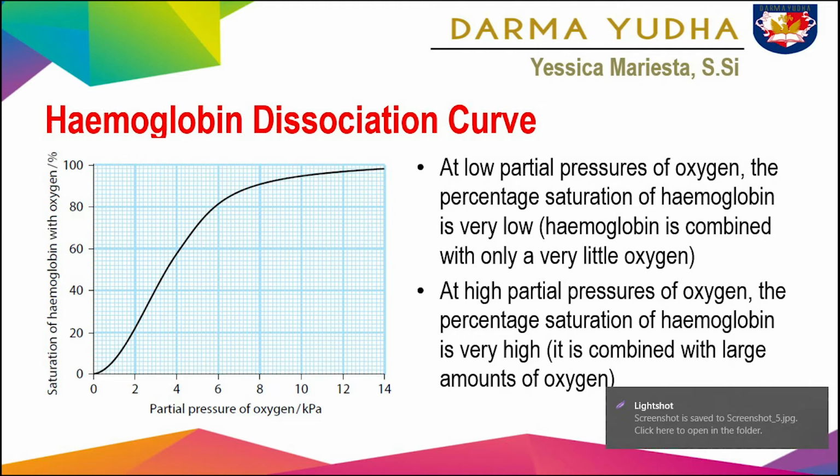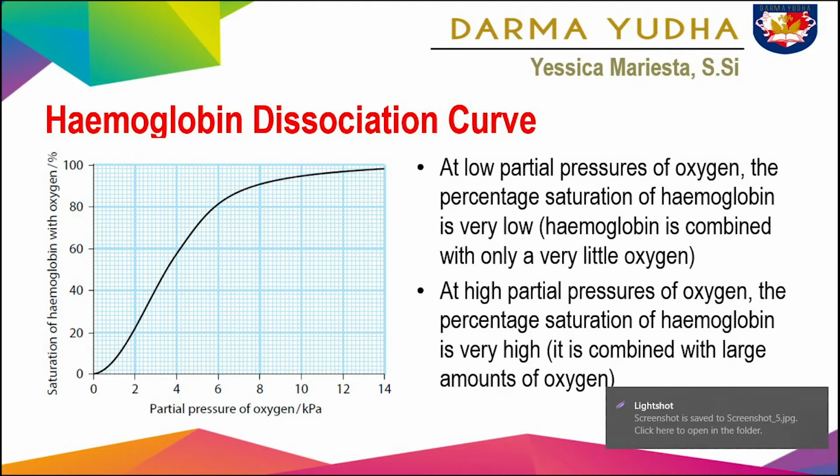Consider the hemoglobin within a red blood cell in a capillary in the lungs. Here, where the partial pressure of oxygen is high, this hemoglobin will be around 95 to 97% saturated with oxygen. It means that almost every hemoglobin molecule will be combined with its full complement of 8 oxygen atoms.